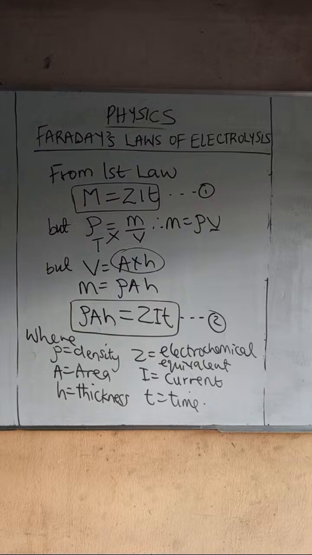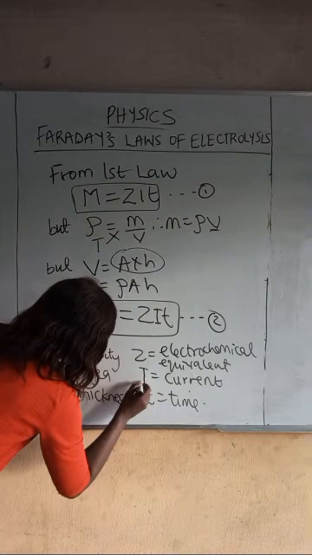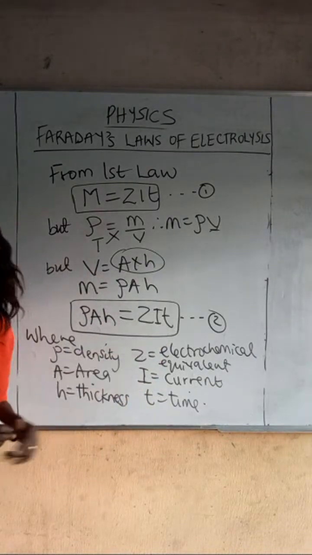T is time. There is no capital T. This is I. I is for current. T is time. Okay? There is no capital T here.